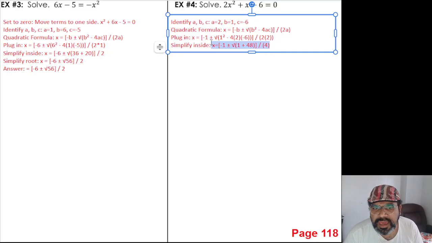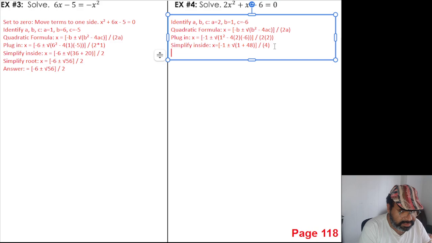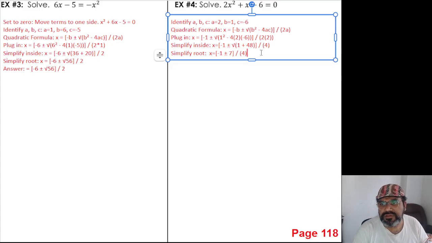Everybody, I think you get it. The next step is simplify the root. As I simplify the root, square root of 49 is 7. Then here is plus or minus 7. Then we have two solutions.